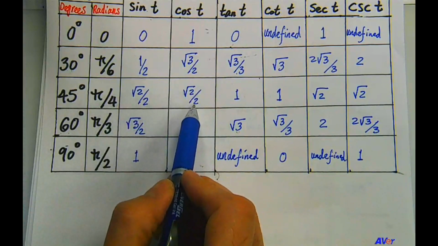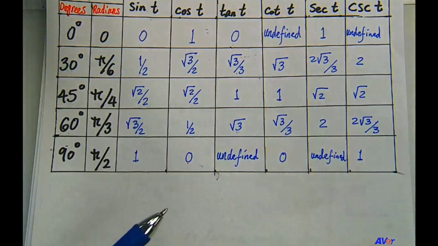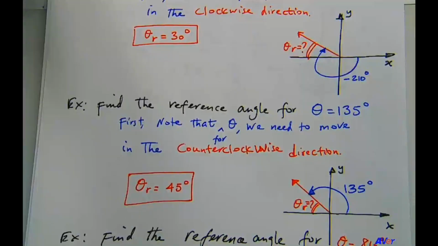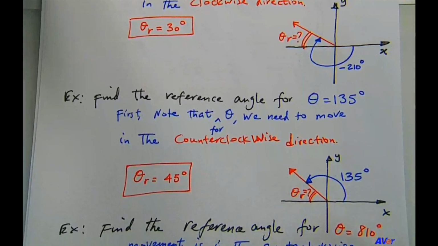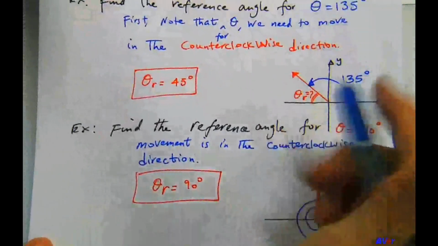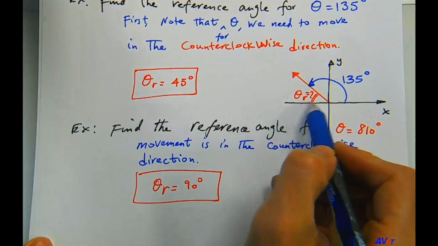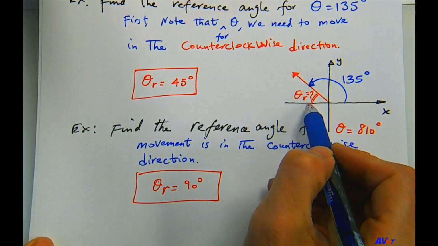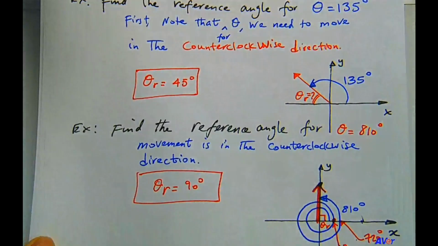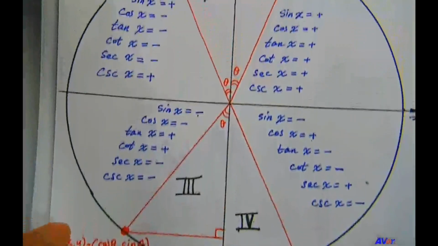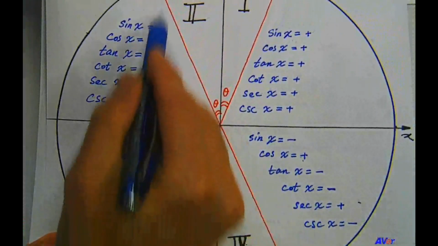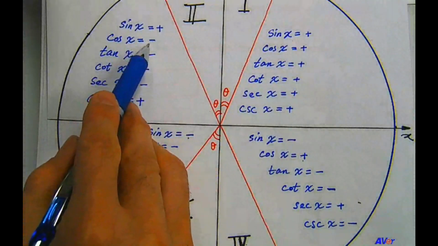Because square root of 2 over 2 is the quantity measure of that angle. But with 135 degree angle, we're in the second quadrant, and we know that the cosine in the second quadrant is negative.